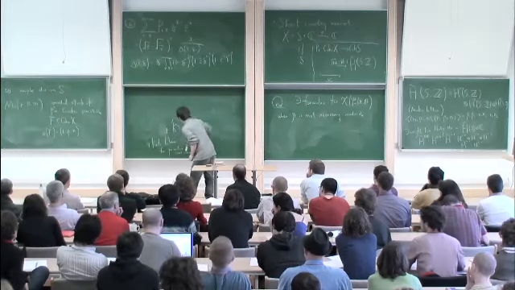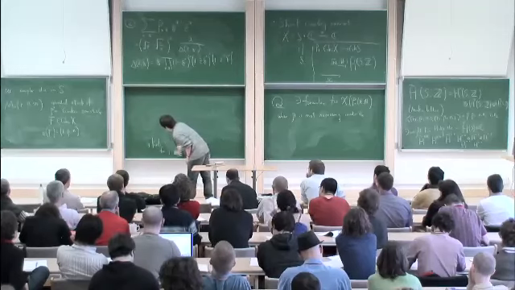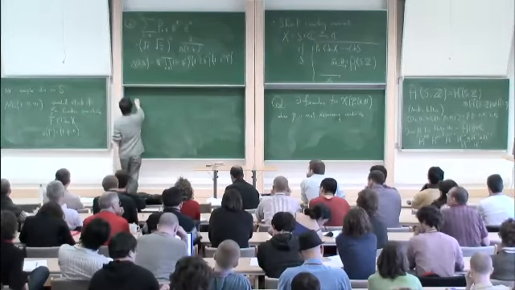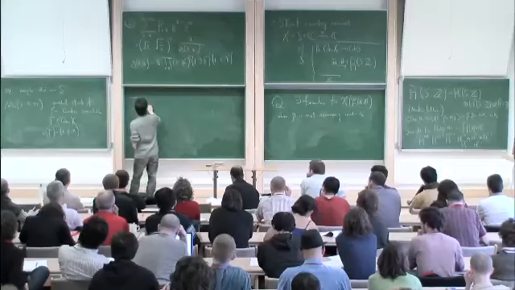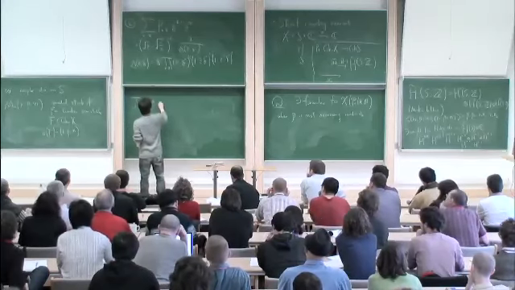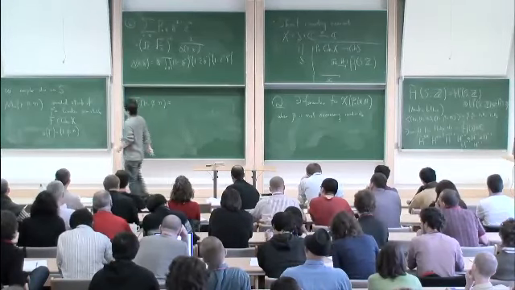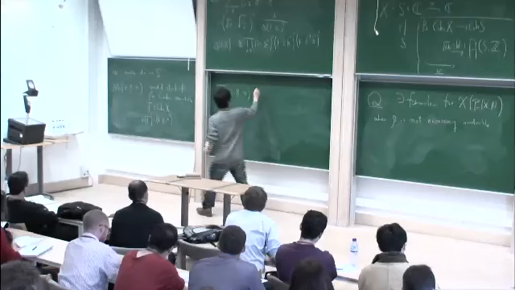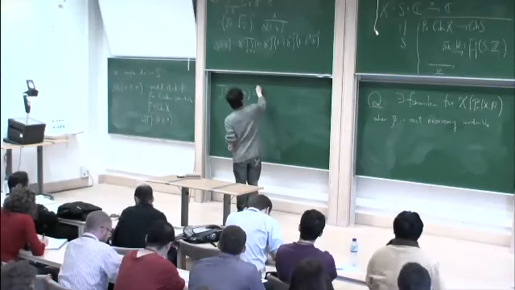And the invariant of interest is defined by taking its Euler characteristic. That is, I denote by J(r, beta, n), roughly speaking, the Euler characteristic of this moduli stack. But this is not precise.